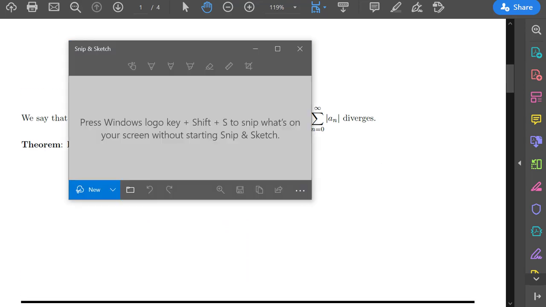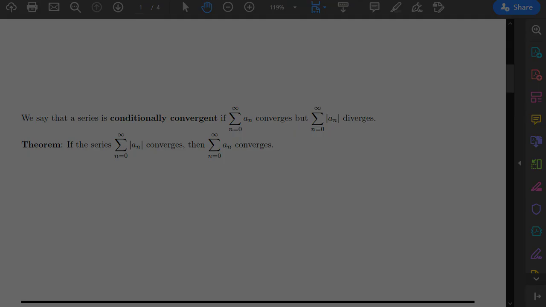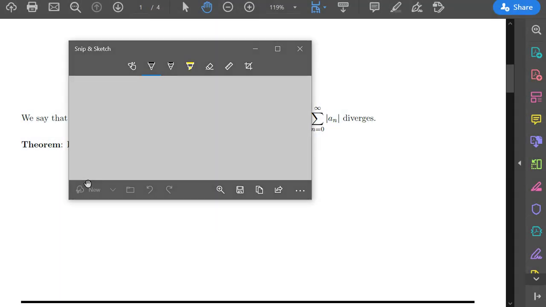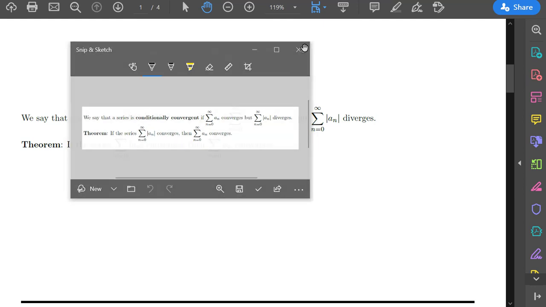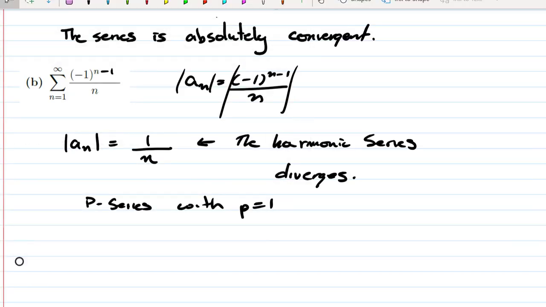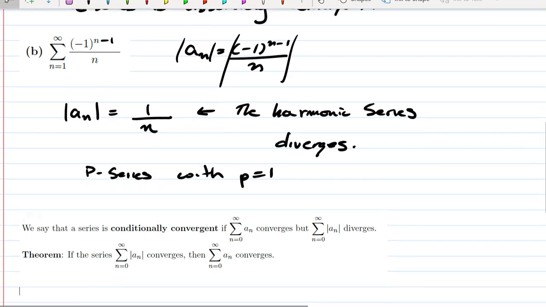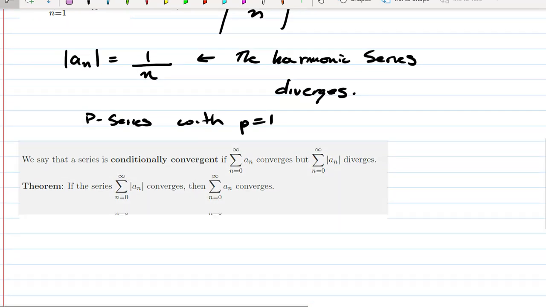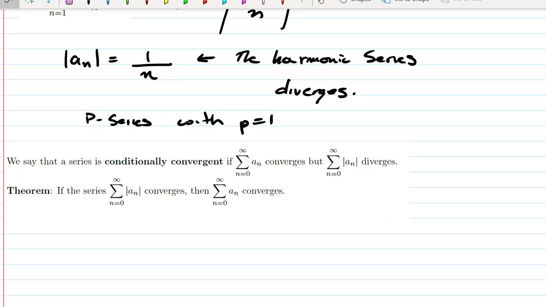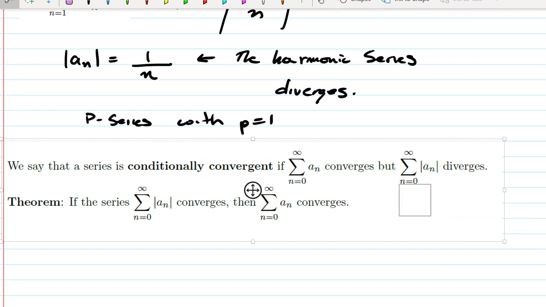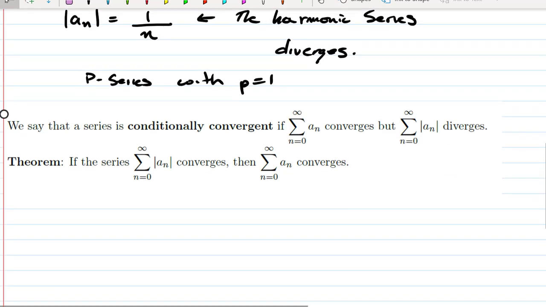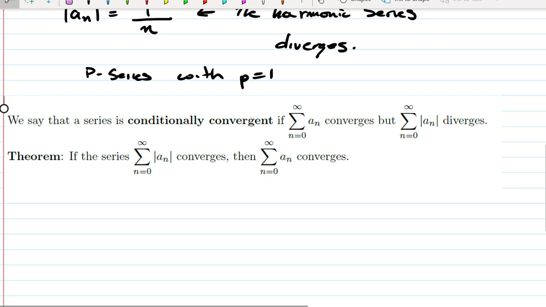So this leads to another definition and a theorem that goes along with it. We say that a series is conditionally convergent if the original series converges, but the absolute values of the terms of the series diverge.